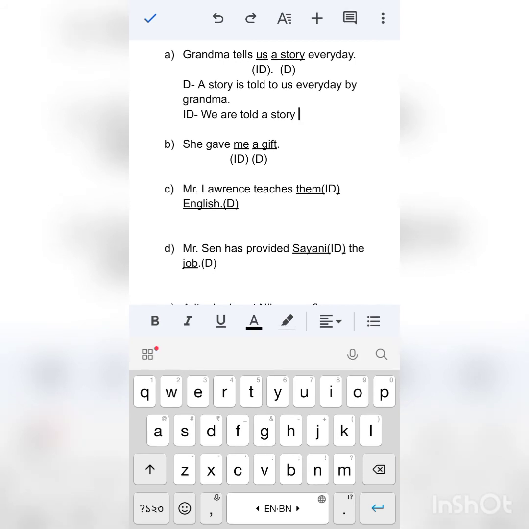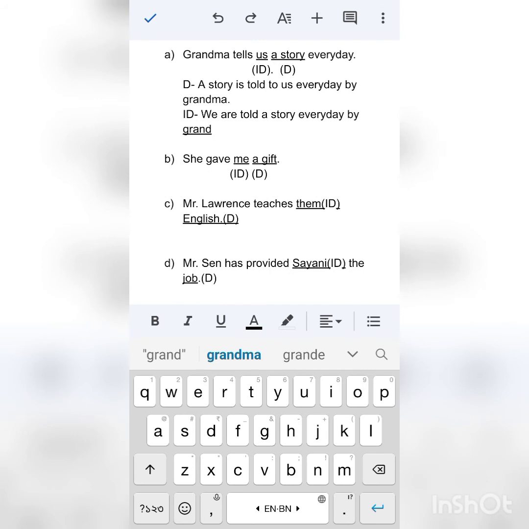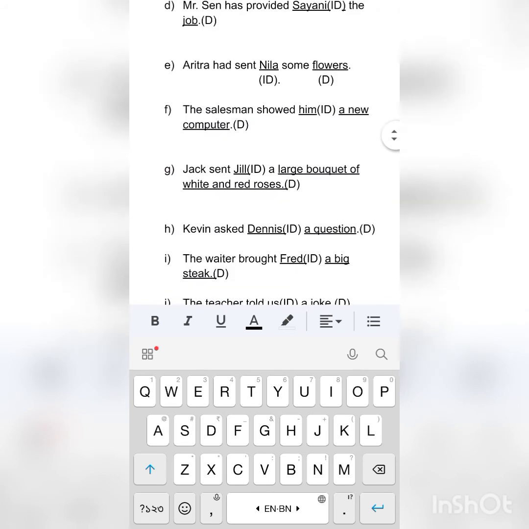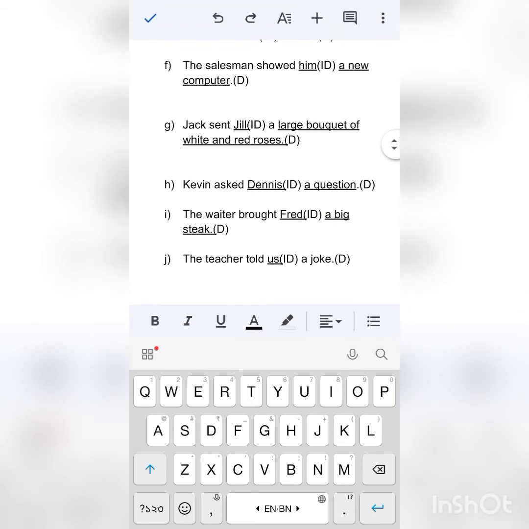See, there is no extra complication in this type, no to nothing extra of that sort, right? So just: we are told a story every day by grandma. That's it. I think I could make it easier for you. Now you can follow this same pattern for every sentence here yourself. I've given your task already, you can say.